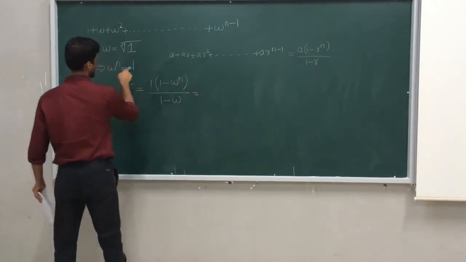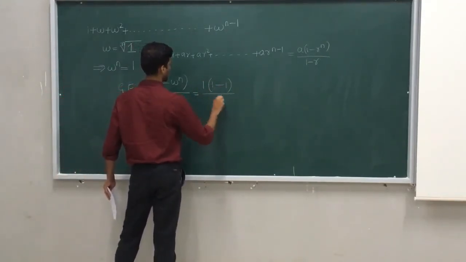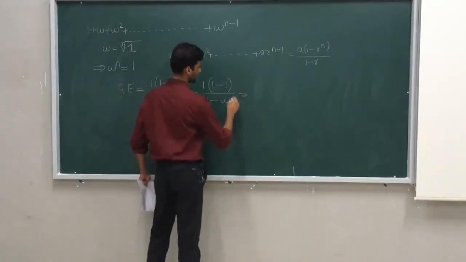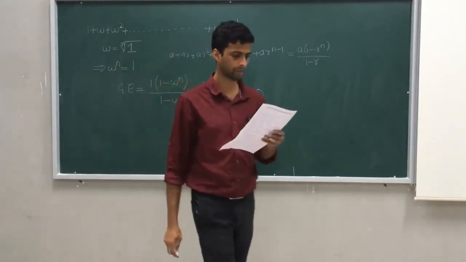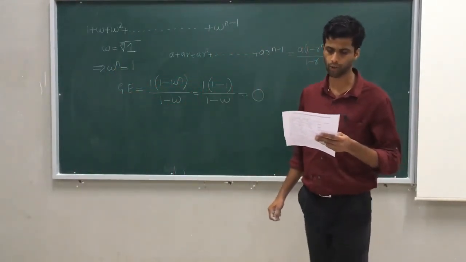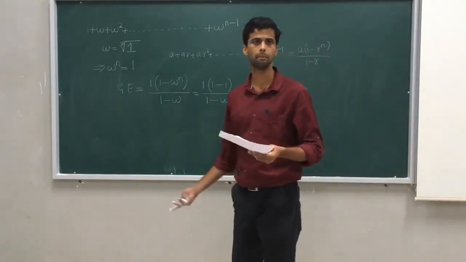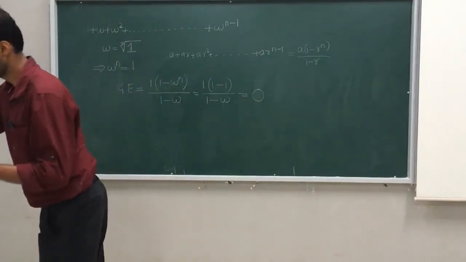So omega raised to n is 1. Therefore, 1 into 1 minus 1 upon 1 minus omega. So 1 minus 1 is 0. 0 by anything is 0. Therefore, for this particular expression, if omega is nth root of unity, the answer is 0, which is option number B. Okay, option B is the right answer for this particular question.